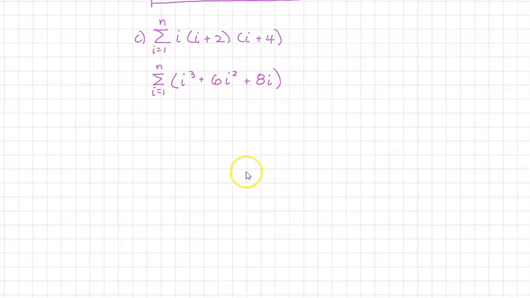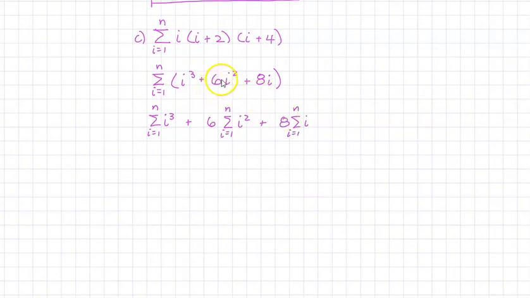Now the one thing here, it didn't come up in example 1, but we do have coefficients. We have a 6 and an 8. Factor out the coefficient from the summation. So it's going to look like the summation of i cubed, as i goes from 1 to n, plus 6 times the summation of i squared, as i goes from 1 to n, plus 8 times the summation of i, as i goes from 1 to n.